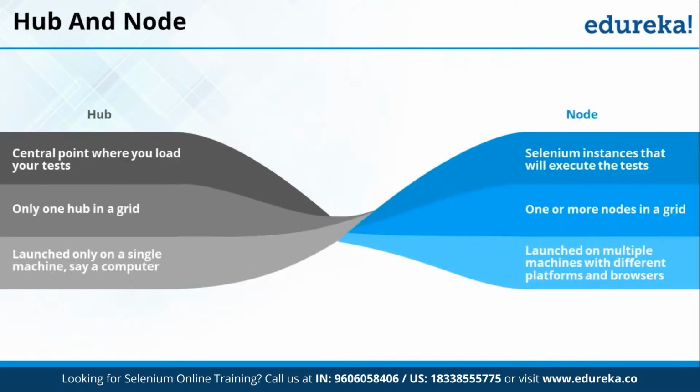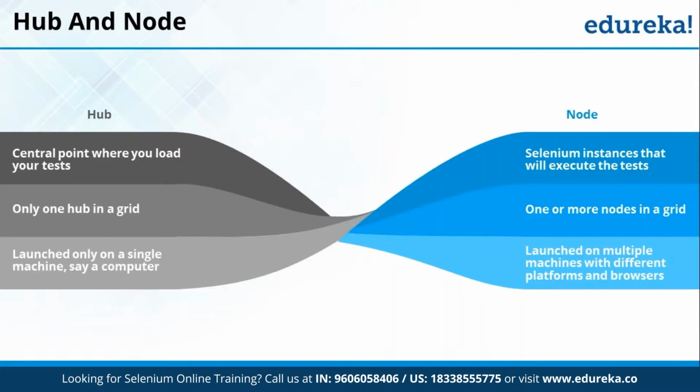Hub and Node. I'll just go through the points first. Hub is a central point where you load your tests. I've already explained this point. Hub is a machine wherein you'll write all your scripts. So if this point is saying where you load your test, it means that all your test scripts will be written here.